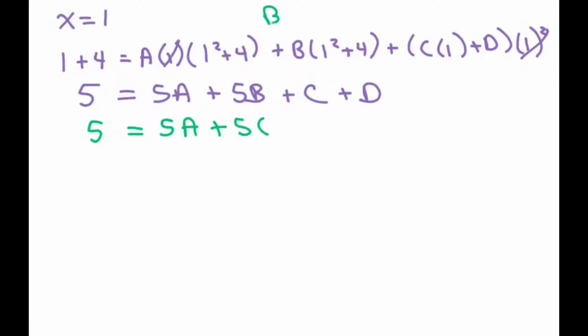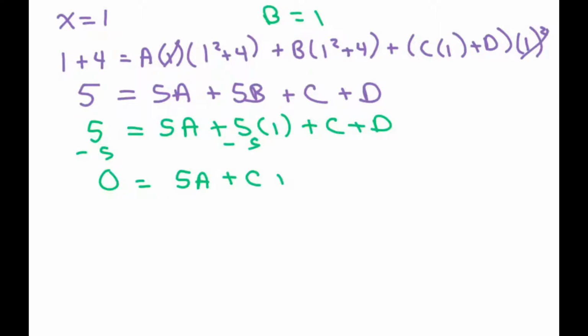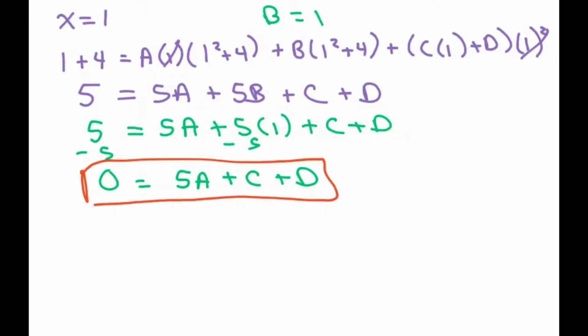Remember, B equals 1. Plus C plus D. Now, when I subtract 5 from both sides, I get 0 equals 5A plus C plus D.